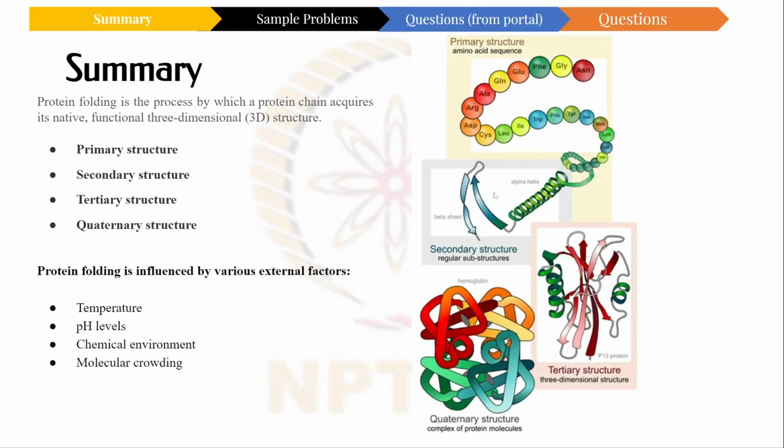Next, tertiary structure is formed by the folding of secondary structure helices into one another. This tertiary structure is the geometric shape of the protein, and it usually has a polypeptide chain as a backbone with one or more secondary structures included.